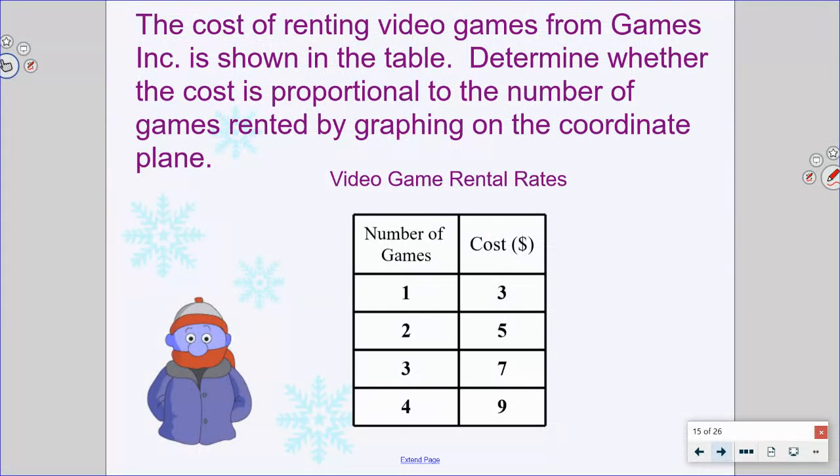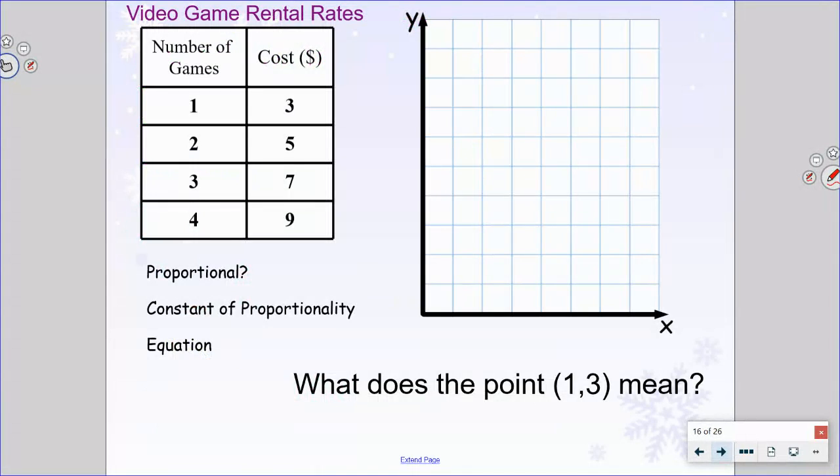All right, one more example before you hit up your homework. Cost of renting video games here, shown on the table below. Determine whether this cost is proportional or not. Let's go ahead and graph it out. Noticing that the cost is dependent on the number of games, we're going to make sure to put the cost on our vertical axis, and the cost depends on the number of games rented.